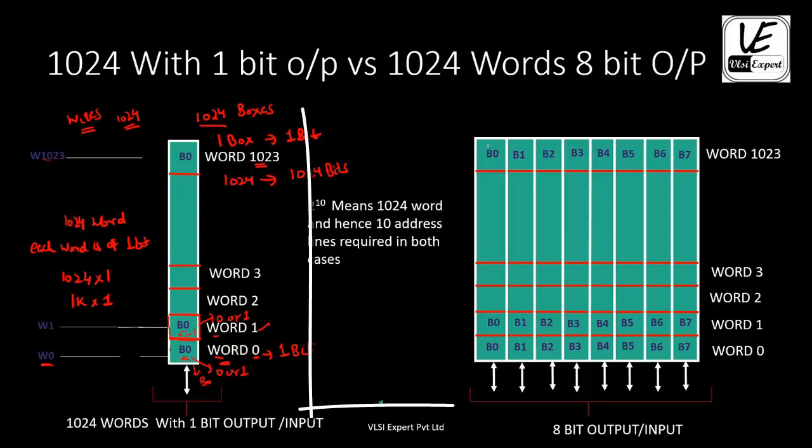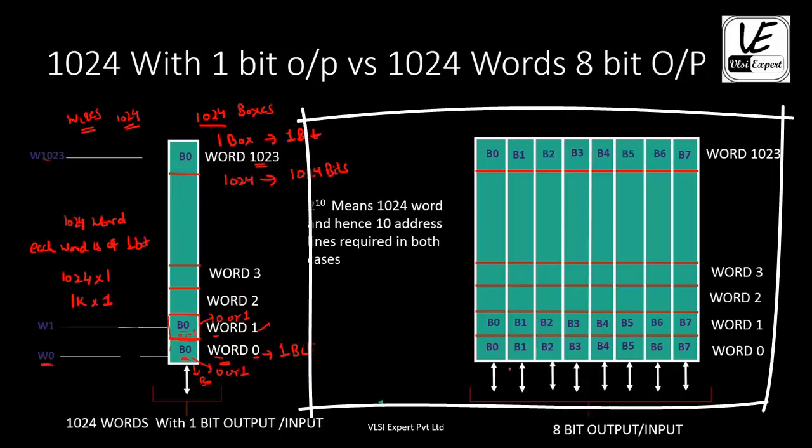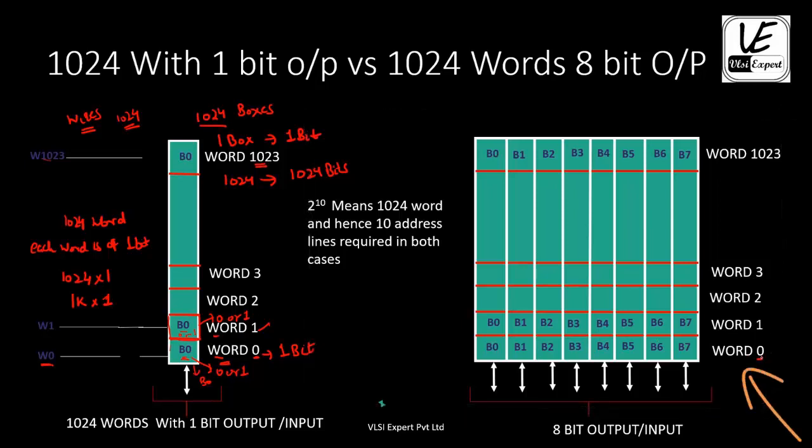Now, let's talk about this second memory. Again, you see the words are starting from 0 to 1023. Because I'm starting from 0, in total I have 1024 words. Now, what difference do you see in this figure 2 as compared to figure 1?